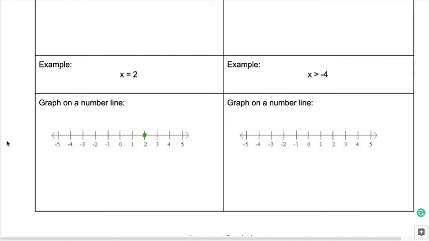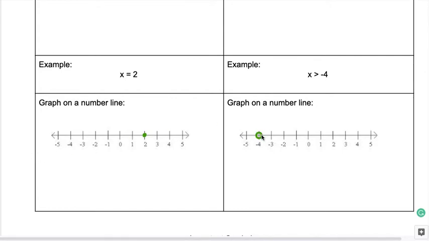So how do we show that on a number line? Well, first we've got to acknowledge that it is not equal to -4. So we do that by creating a circle on -4. An open circle indicates that it is not equal to -4. And then we determine what it is equal to.